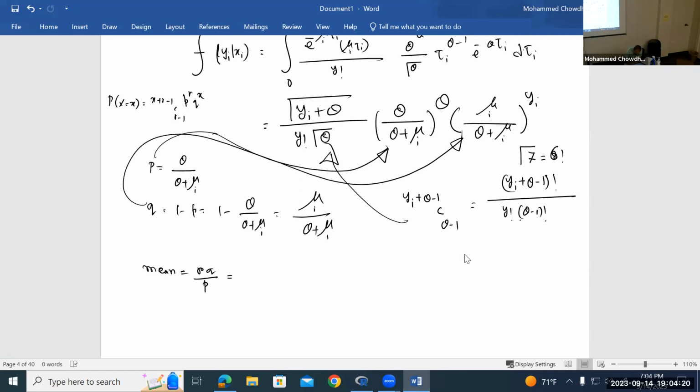In our case R equals theta, and Q equals mu_i over theta plus mu_i, and P equals theta over theta plus mu_i. So this and that cancel, and we have mu_i. Are you okay or not?